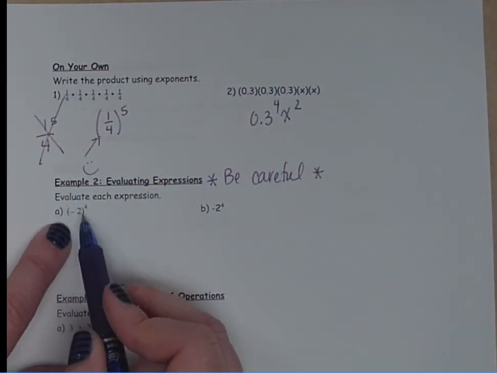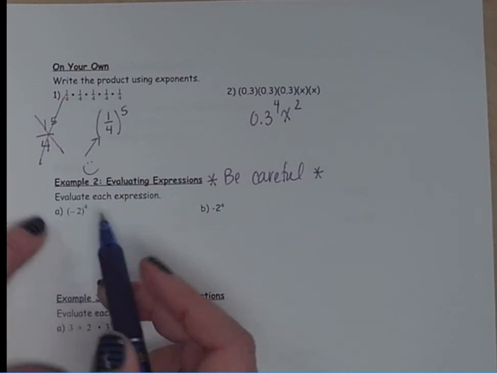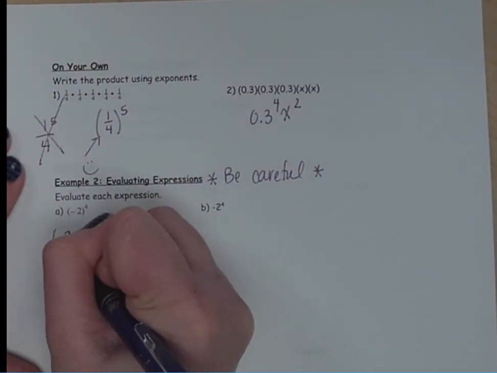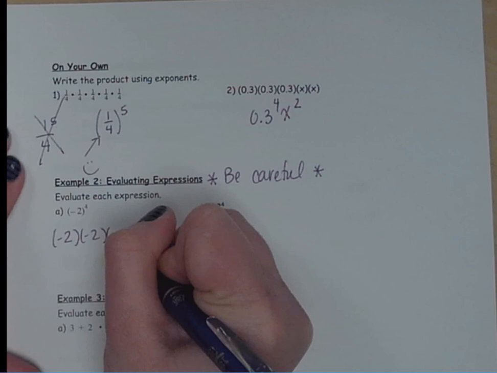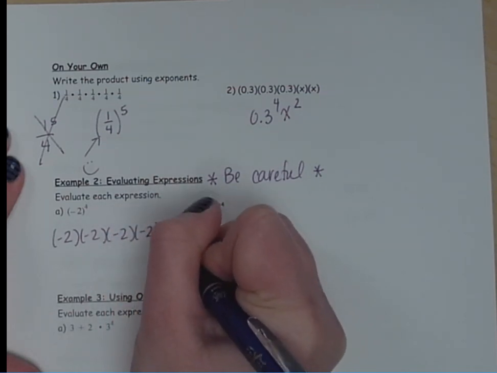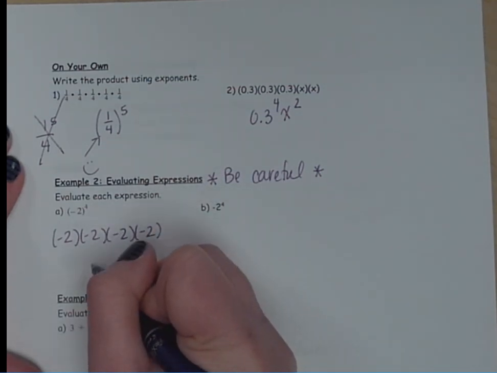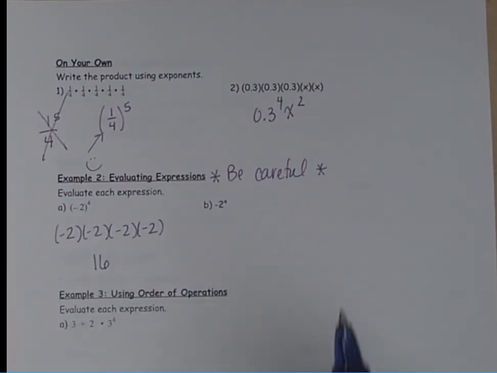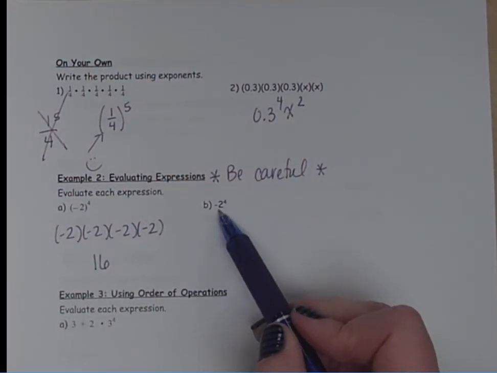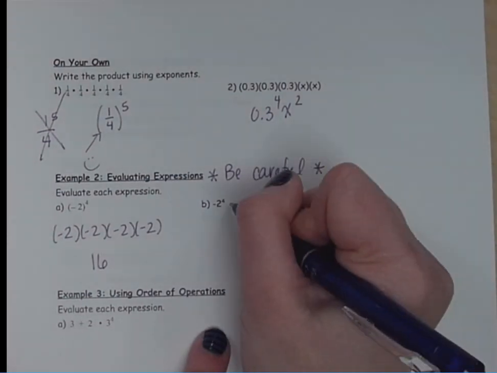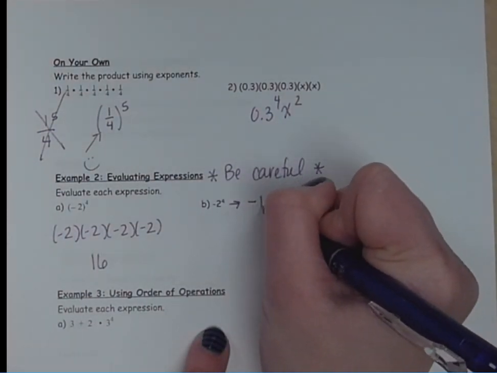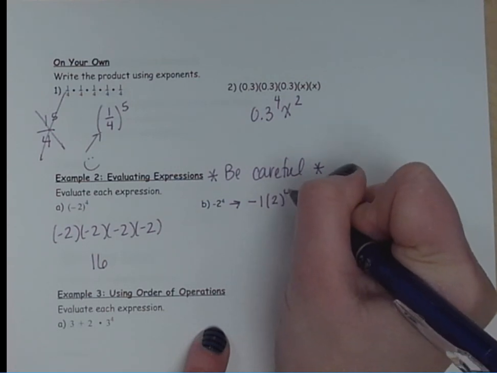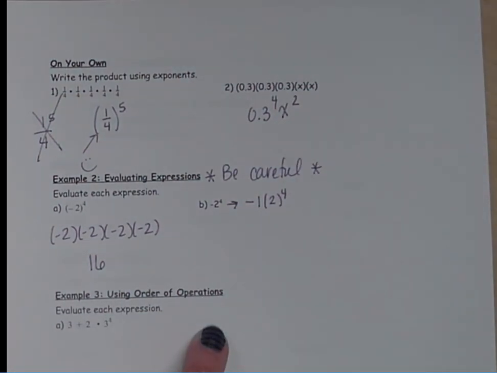So this is telling me to take -2 4 times. So I have -2 times -2 times -2 times -2, which gives me a positive 16. Notice there's no parentheses here. So this is almost like saying -1 times 2 to the 4th power.